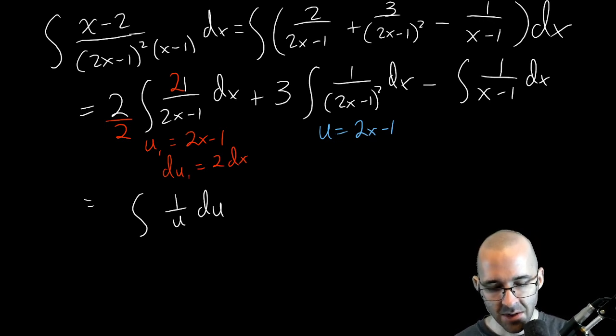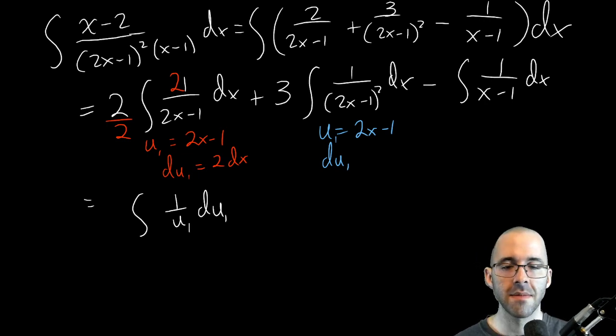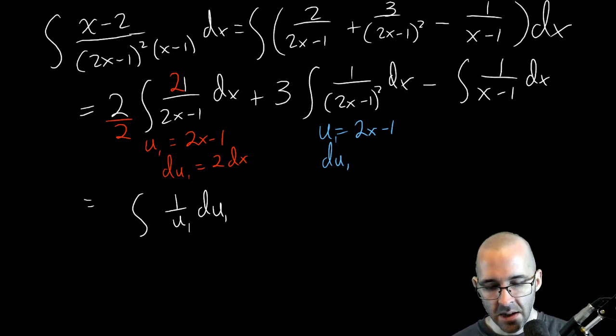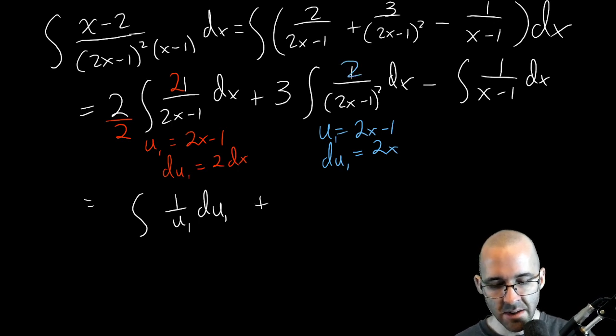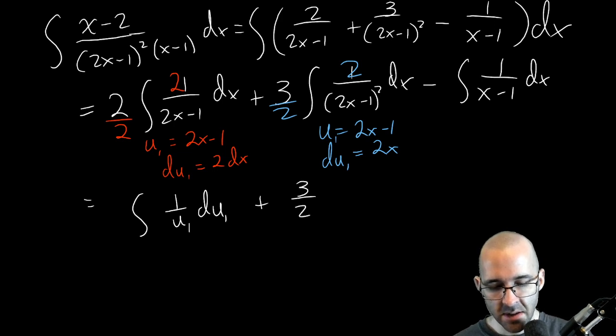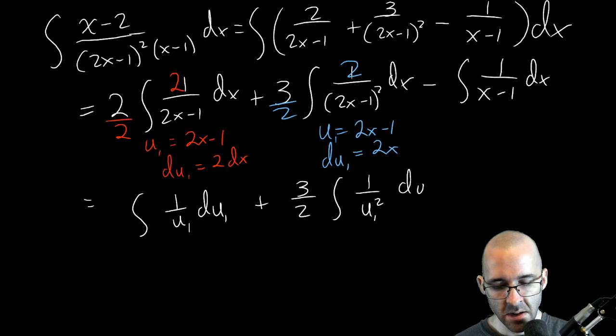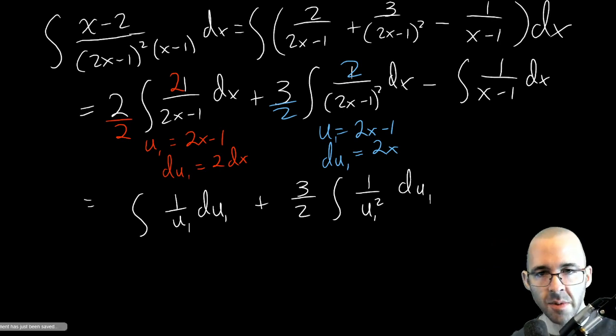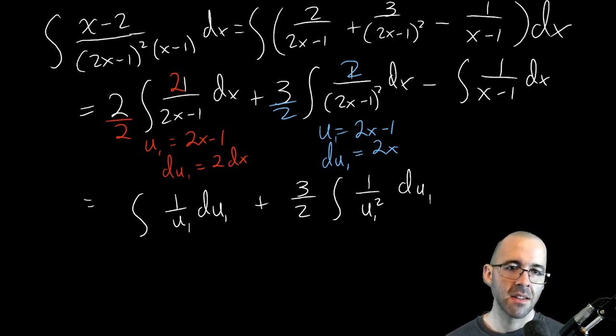It's the same u. So du is going to be 2 dx. Oh, we don't have a 2 dx. Need a 2. Got to compensate. We get 3 halves integral of 1 over u squared du. And again, it's the same u, so we can call it u1 again.